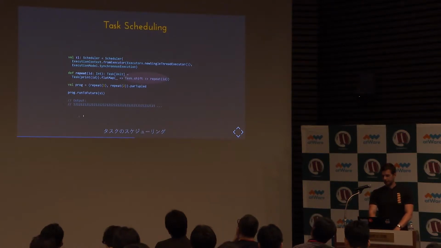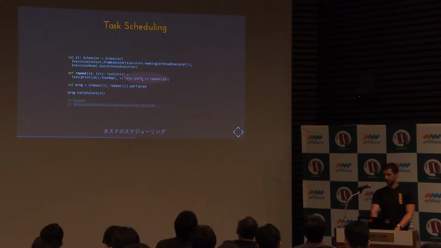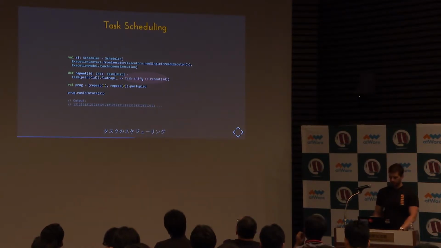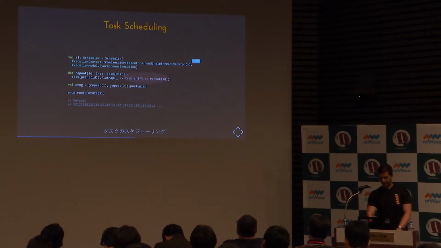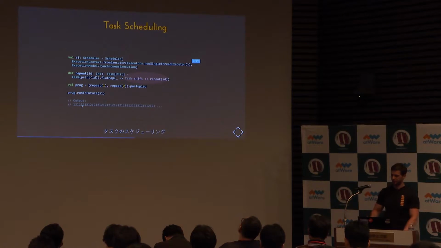If we change it a little bit, just adding the shift every iteration, so this task will just do the shift and then repeat. And the rest is the same. And we will see in the output that it will just be 1, 2, 1, 2, 1, 2, 1, 2.